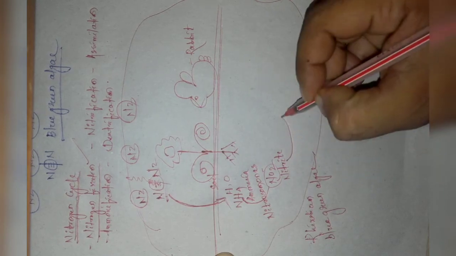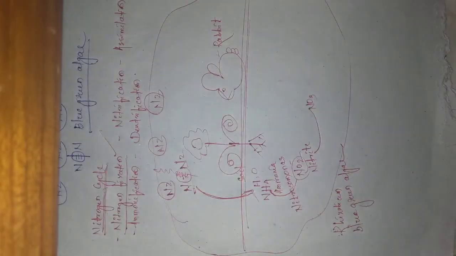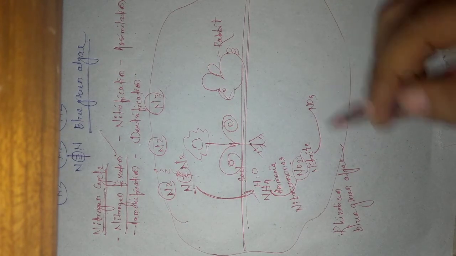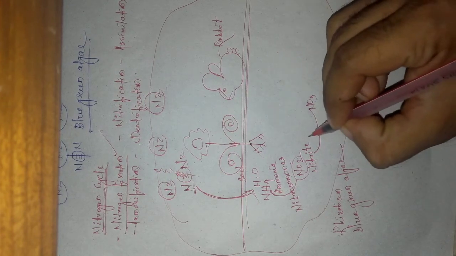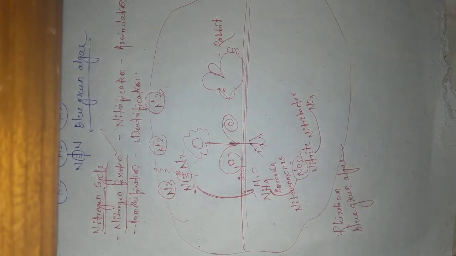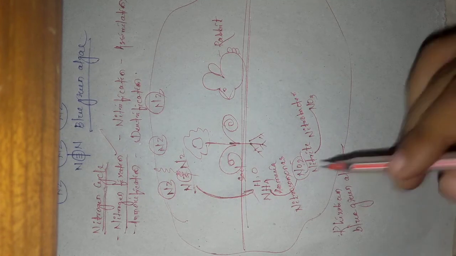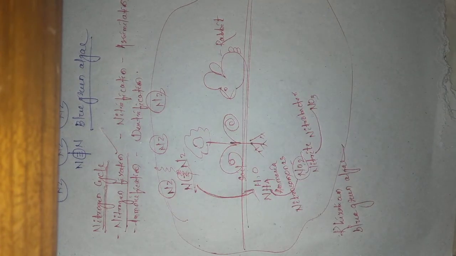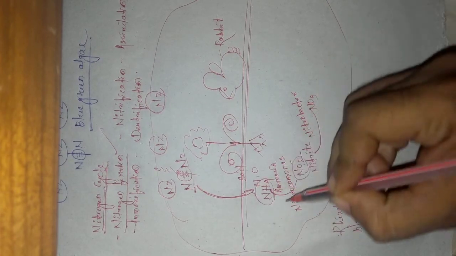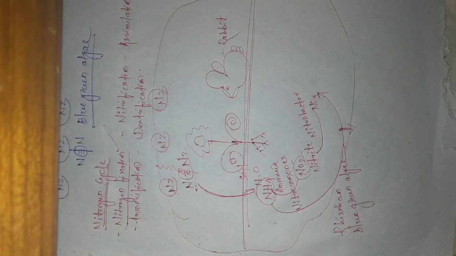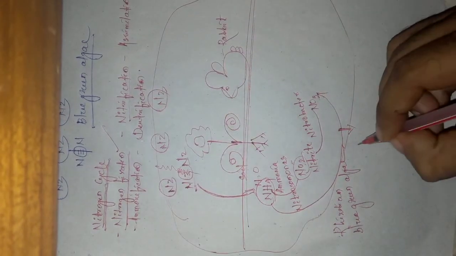Again, nitrite is converted into nitrate. When nitrite is converted into nitrate by bacteria like nitrobacter, these are the products of nitrogen. There is another name: when ammonia is converted into nitrate, this process is known as nitrification.